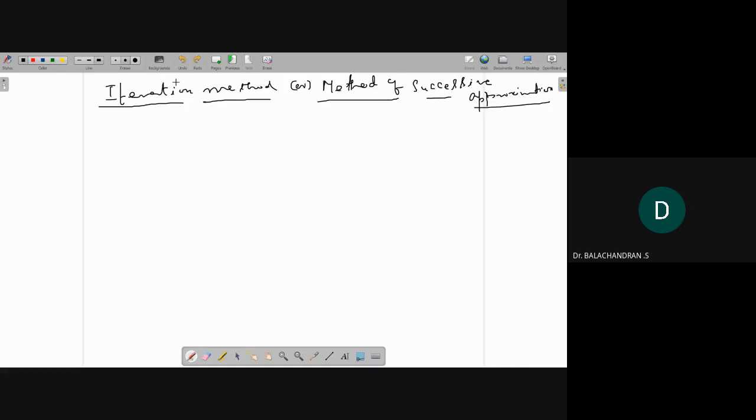Suppose we want to find the approximate root of the equation f of x is equal to 0.